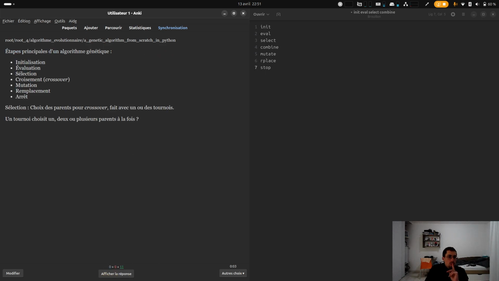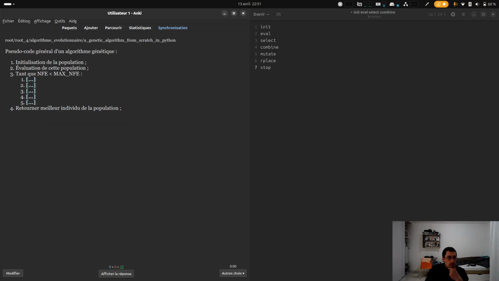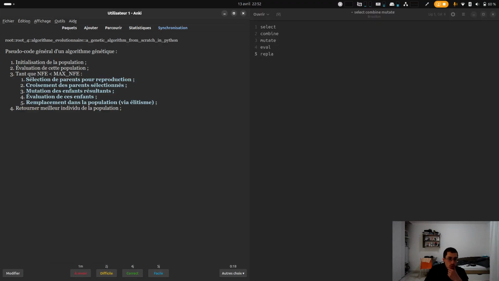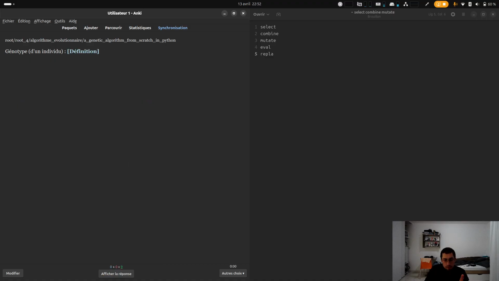A tournament chooses one parent at a time. Oh, that's like the same one, but okay. Well, let's just select. That's easy. Select, combine, mutate, just making sure. Yes, very easy. I should not have put the other one in 2 because it's trivial.